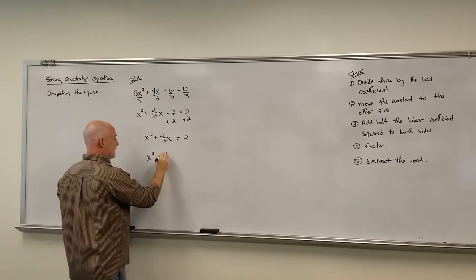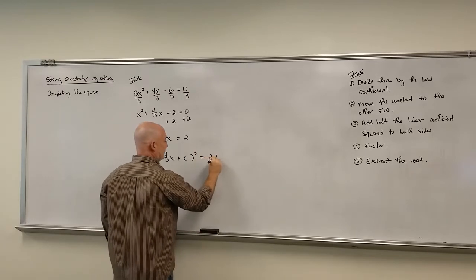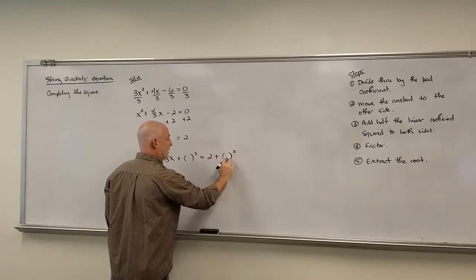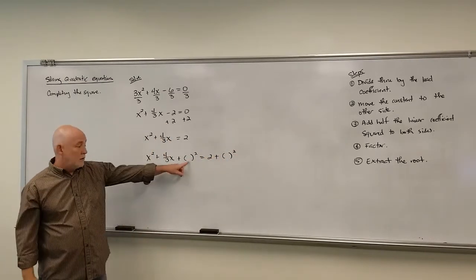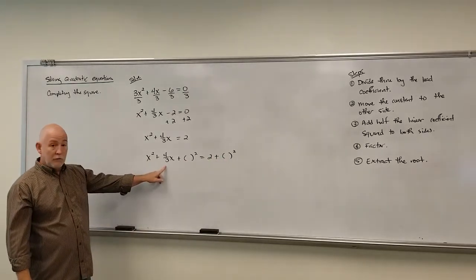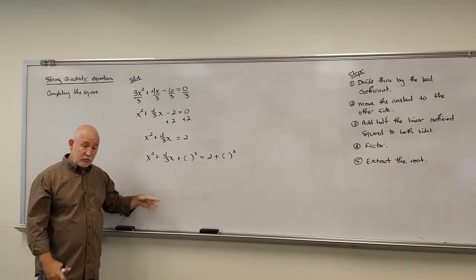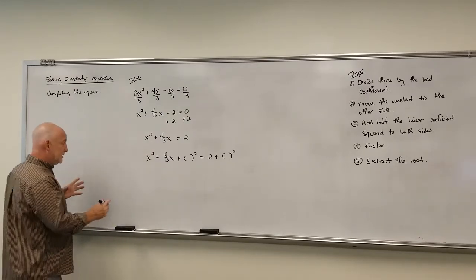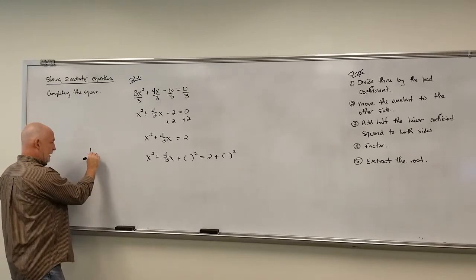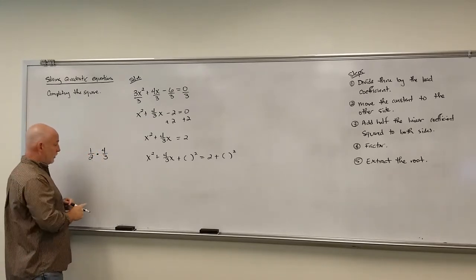Now the next step, I know I'm going to add something squared to both sides. So go ahead and write that in there. Now we just got to figure out what goes inside the parentheses. Well, that's half of our linear coefficient. So half of 4/3. Now if you got fractions, remember, of in math means multiply.